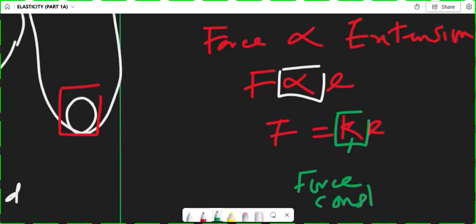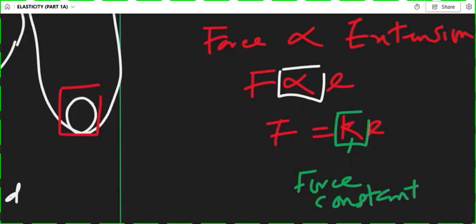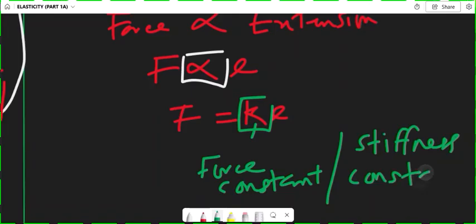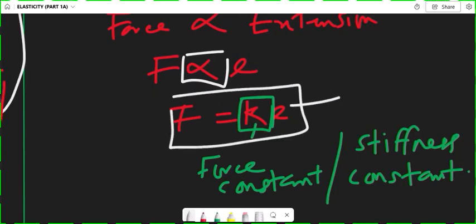You can call it force constant, or you can call it stiffness constant. So this is the formula, or the expression, of Robert Hooke's law.